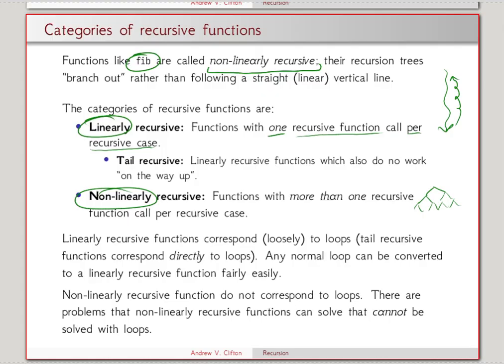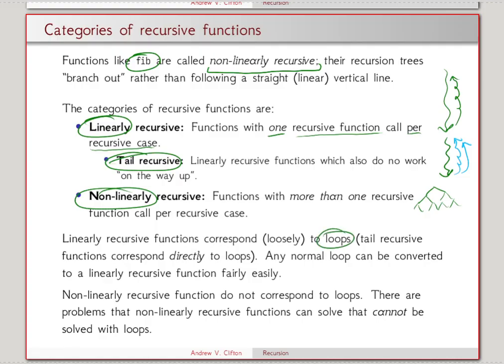A subcase of linearly recursive functions are tail recursive functions, and those are ones where we go down, but then we don't need to do anything special on the way up. Nothing happens on the way up. So the compiler may be able to optimize that by just jumping straight up to the top. Linearly recursive functions correspond loosely to loops, right?